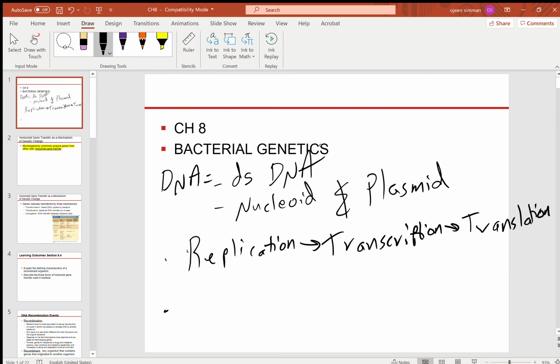Remember that bacteria divides by binary fission, which creates two identical daughter cells.